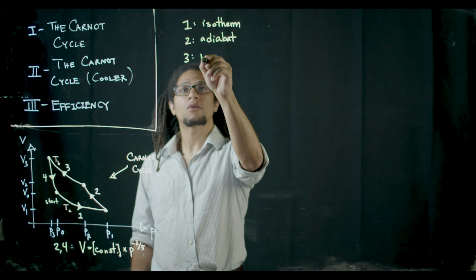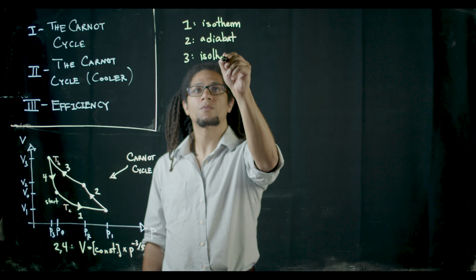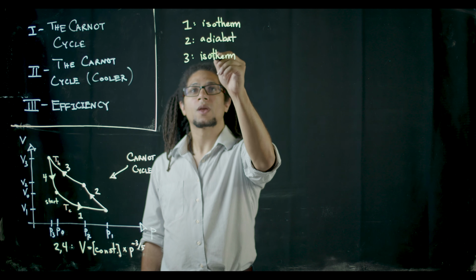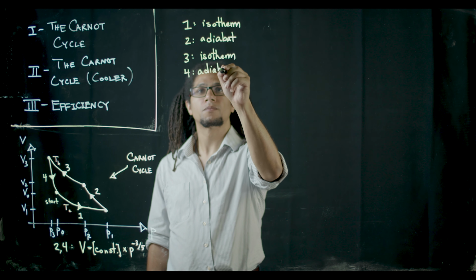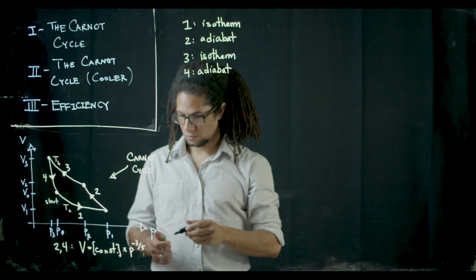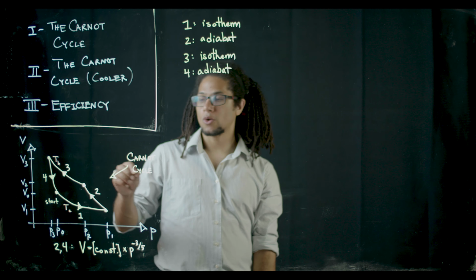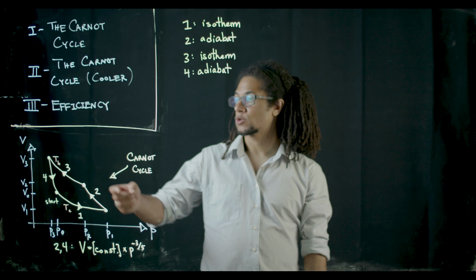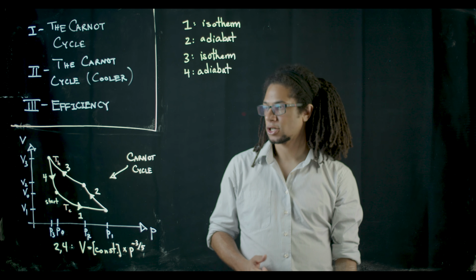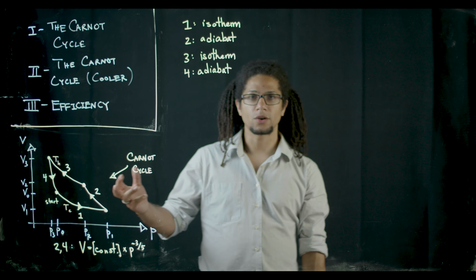Stroke 3 is another isotherm. And stroke 4 is another adiabat. Notice that stroke 1 is carried out at a low temperature relative to stroke 3, which is carried out at a higher temperature. All right, good.